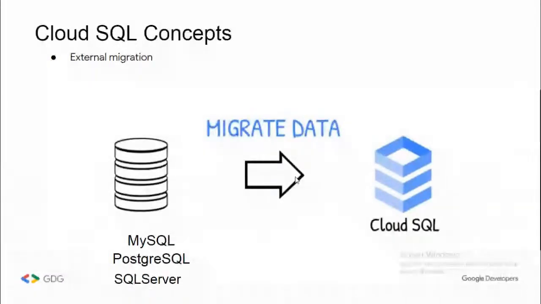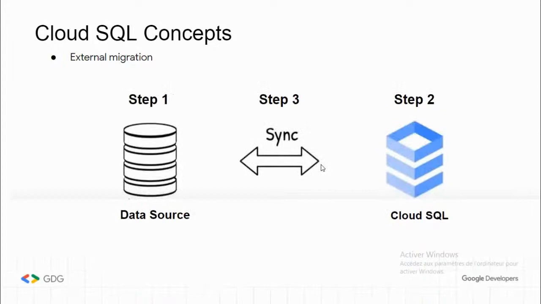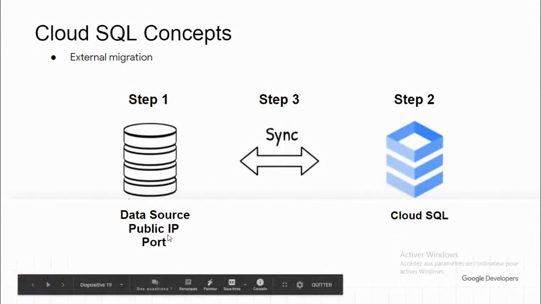Now, how can you migrate an existing MySQL database to Cloud SQL? Here, Cloud Console makes it very easy by providing a Migrate Data button, which guides you through easy steps. First, you provide your data source details, things like public IP address, port number, and your replication credentials.